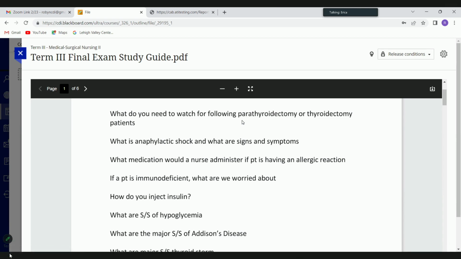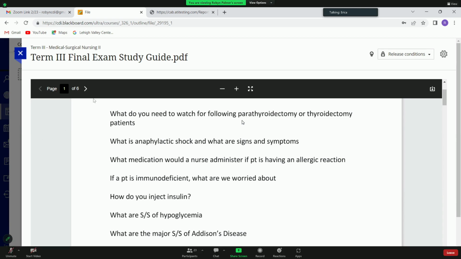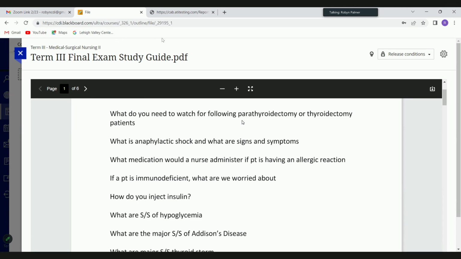Check the back of the neck and airway patency. We're worried about tetany because we may have removed the parathyroids. We're worried about thyroid storm. We're worried about bleeding, because remember how vascular the thyroid is. So you check the back of the neck, all that stuff.